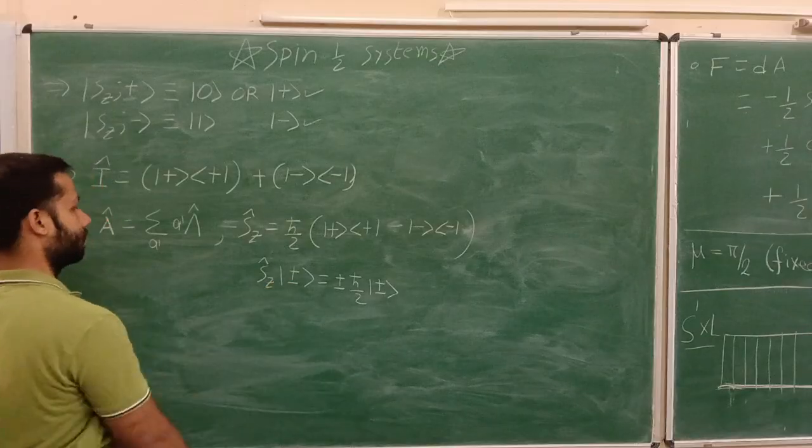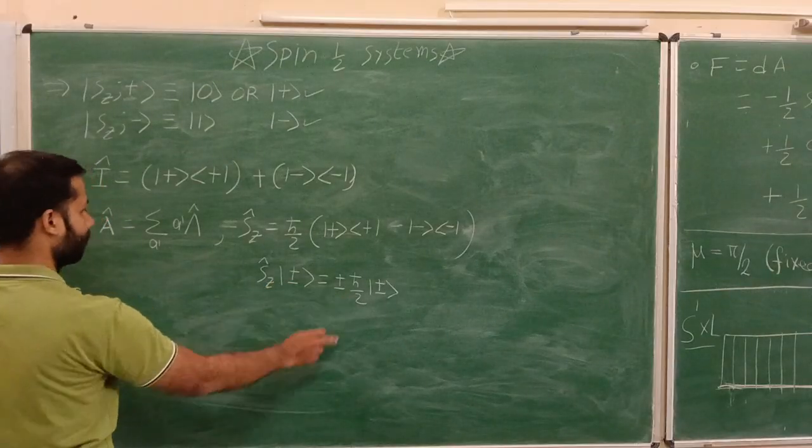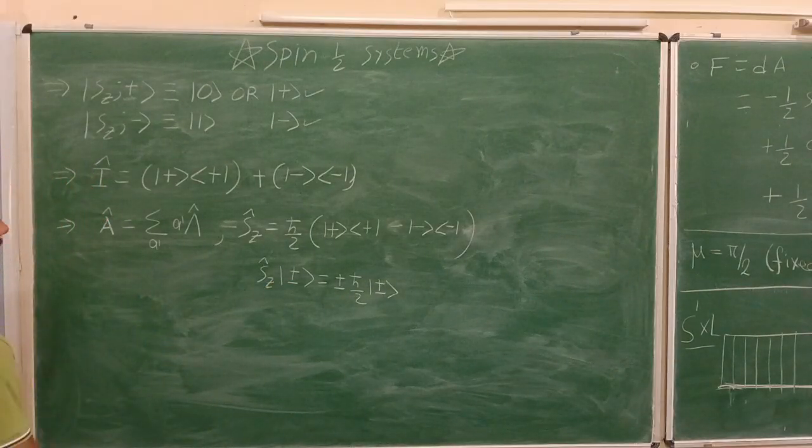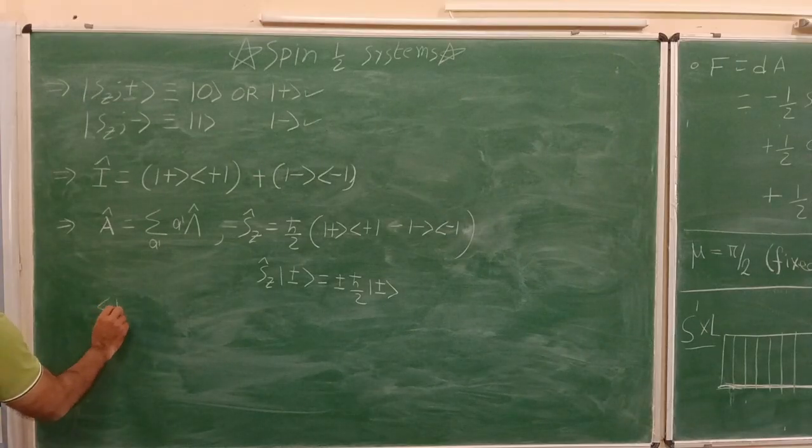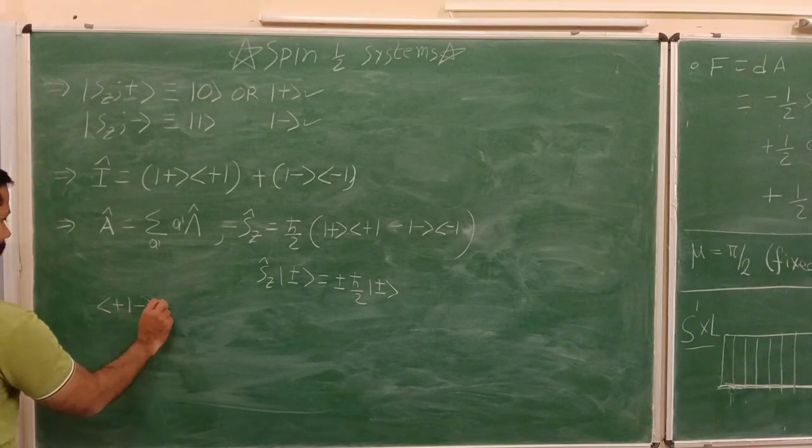These are spin z eigenstates with this eigenvalue, spin half, h bar by 2. Okay, so you can try to see these things.